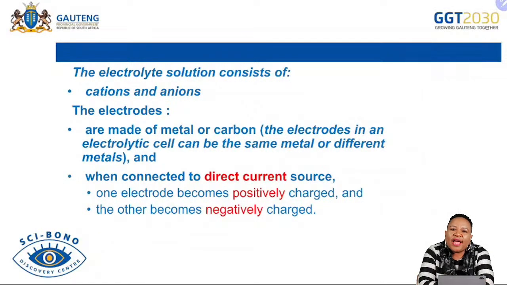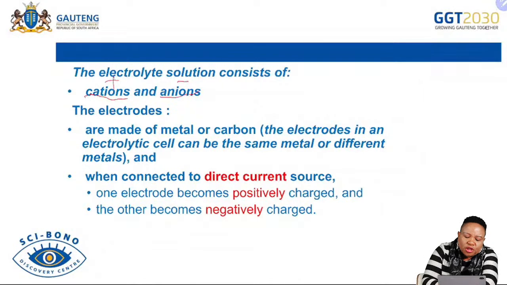Now, our electrolytes, as we know, contain ions, and those ions are the positive ions and the negative ions. Our positive ions are referred to as cations, and our negative ions are referred to as anions. For an electrolyte to exist, we definitely need those positive and negative ions to be part of the solution.